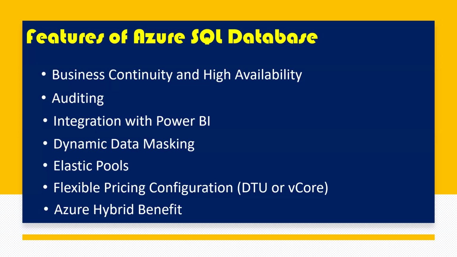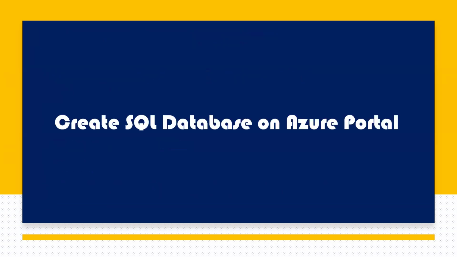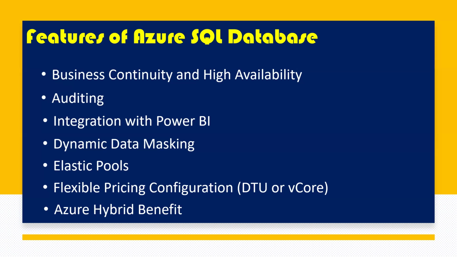Business continuity and high availability. We use this concept when we have challenges like this: any natural disaster happens, and your business should not be affected, right? The database server is somewhere, maybe in your local country or a different location, the same region or a different region.